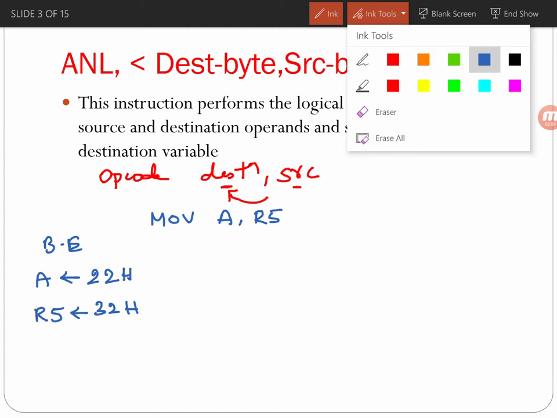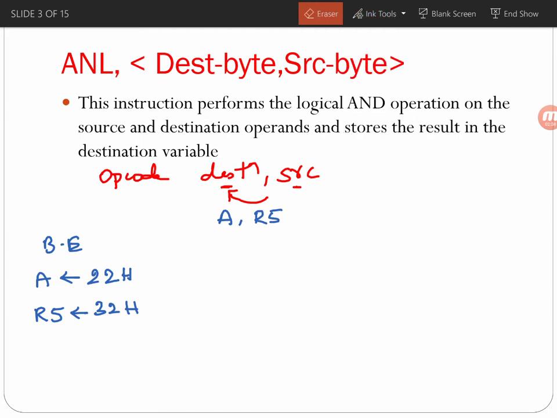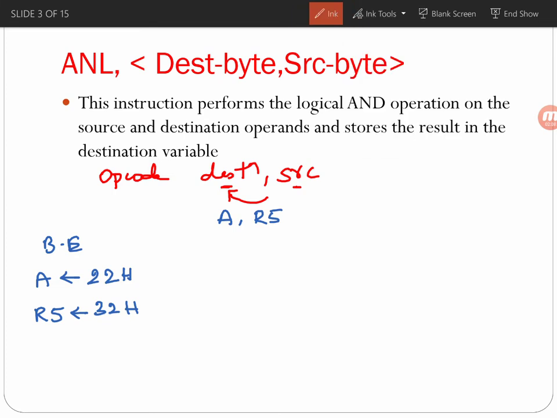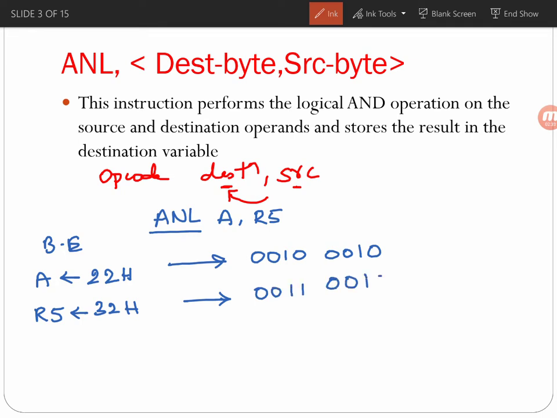I'm sorry, it is not MOV, it is ANL A, R5. So when we AND the content of the R5 register with the accumulator register, 2 is 0010, 2 is 0010 and 32 is 0011 0010.